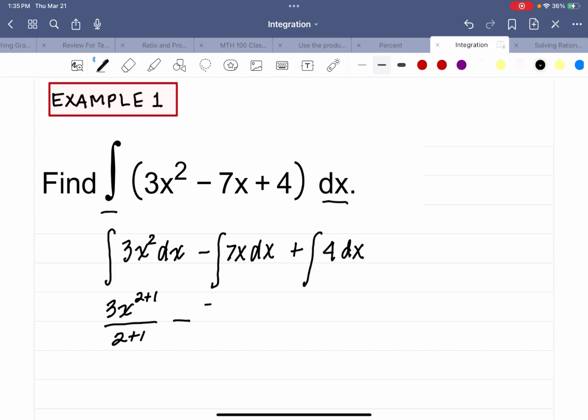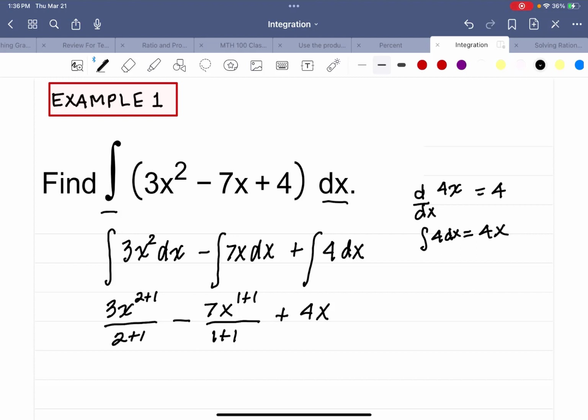So this is going to be 7x to the 1 plus 1 divided by 1 plus 1, plus 4. Now look, that's x to the 0, so it's going to be x. Remember, the derivative of 4x is 4, so the integral of 4 dx has to be 4x.